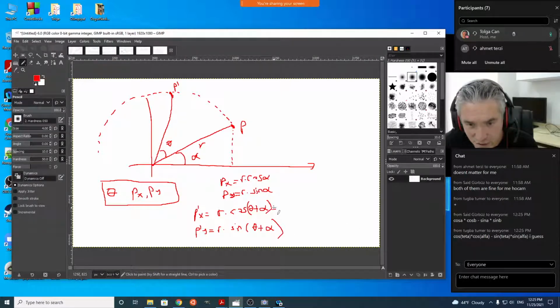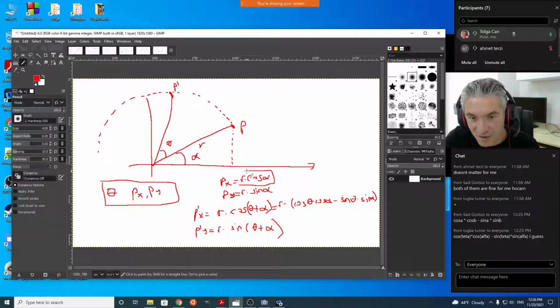So this one is actually r times cos theta cos alpha minus sin theta sin alpha. Now, r is multiplied with both of the terms. So if I multiply r with cos theta cos alpha, what was r cos alpha? There's some familiar term here, right?